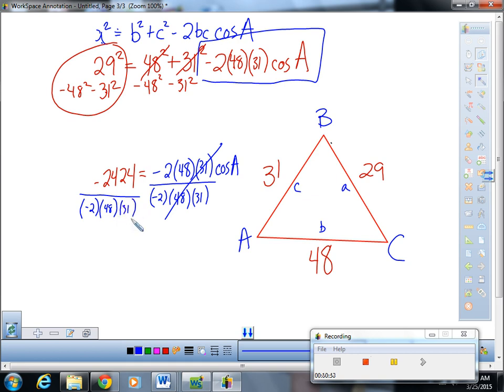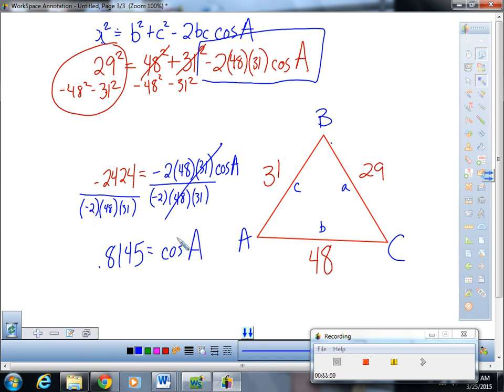So I'm going to type in my calculator, negative 2424 divided by parentheses negative 2 times 48 times 31. I'm going to close my parentheses, and it's going to say 0.8145 is equal to cosine of A. Notice how those two negative signs canceled each other, and so we got a positive cosine of A that's less than 1. That's what we want.